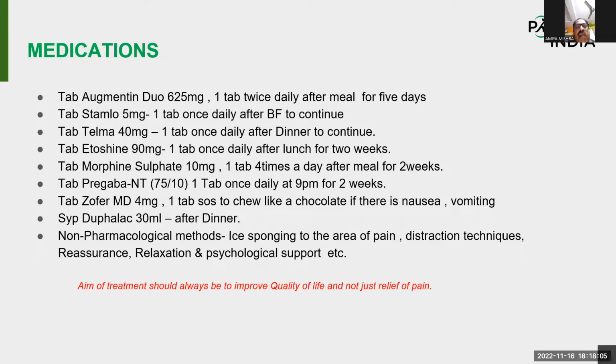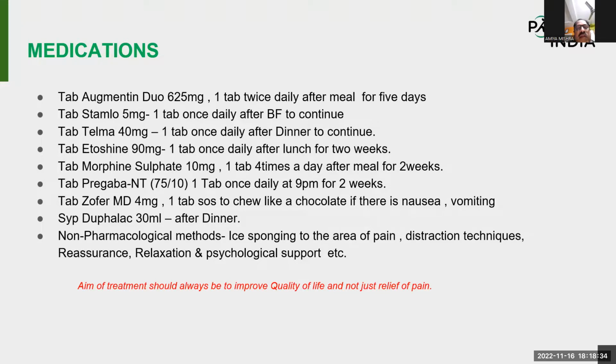Tablet morphine sulfate 10 milligram, 1 tablet 4 times a day was given. She was an emaciated lady weighing only 36 to 38 kg, so she was given morphine sulfate 4 times a day. Tablet Pregaba NT, a combination of pregabalin and nortriptyline, 75 and 10 milligram, was given once daily at 9 p.m. for 2 weeks.